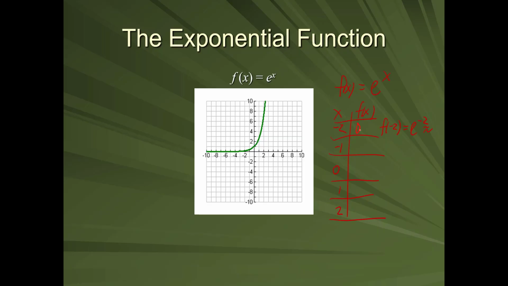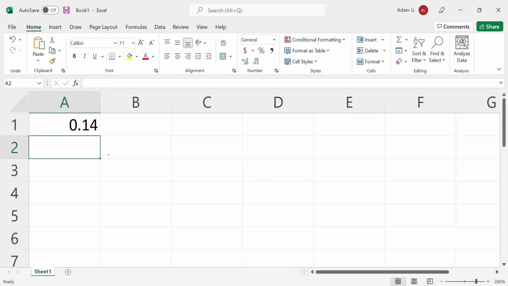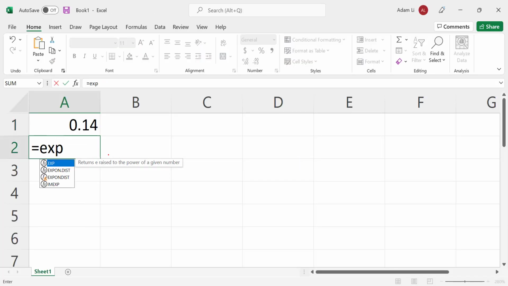So this is 0.14. So after -1, that will be e to the -1st power. Let's see what that is. It's 1 over e. You can also find it from Excel. exp of -1.